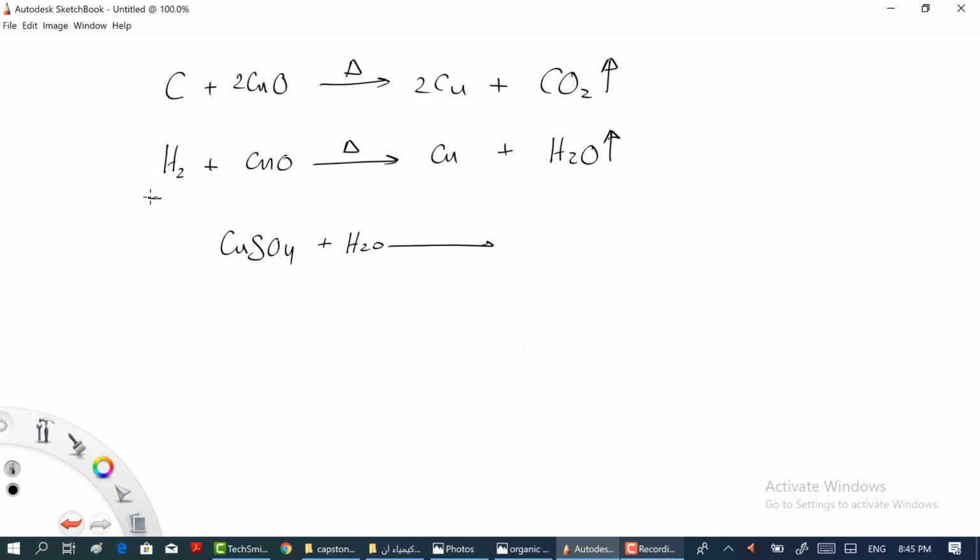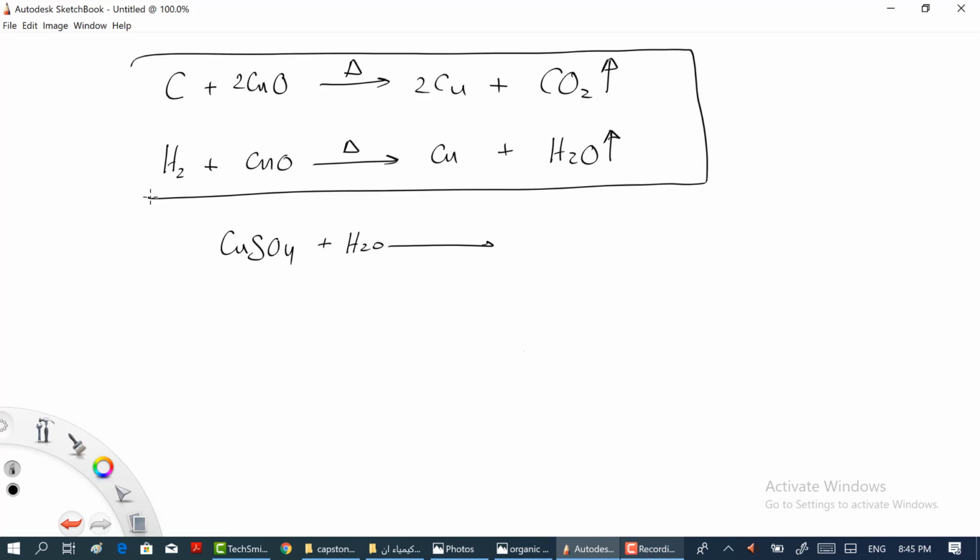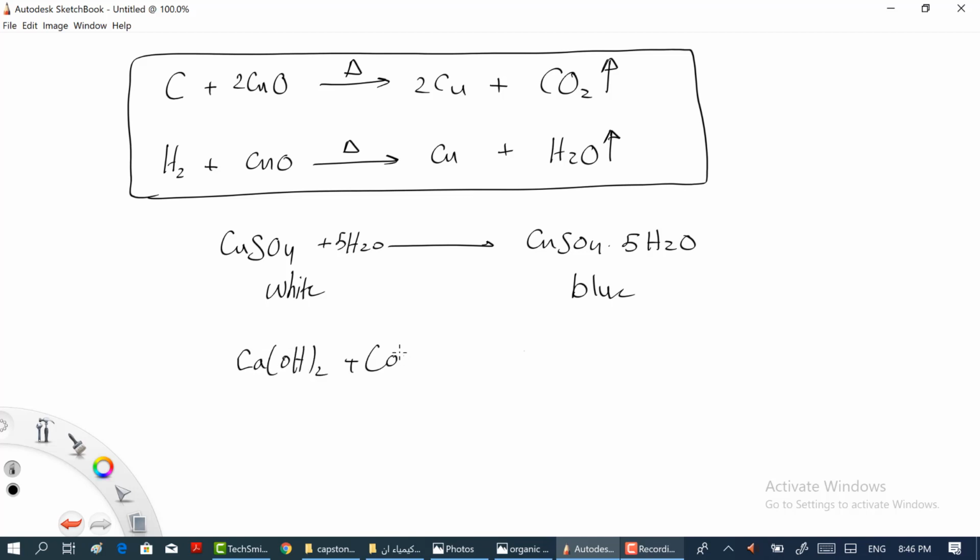In the exam, we'll write only these two, and we'll find this equation in the form of written words. CuSO4 changes to CuSO4.5H2O, from white to blue hydrated copper sulfate. Ca(OH)2, lime water, plus carbon dioxide gas gives CaCO3 plus water. This will be changed in the exam into words.